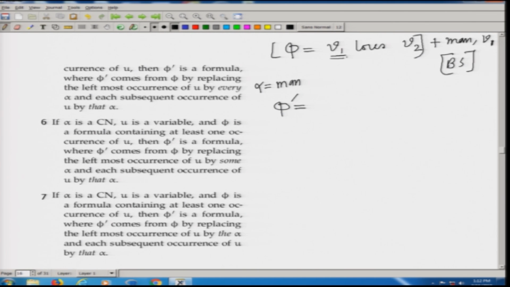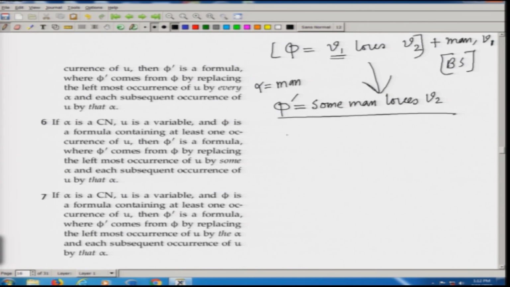There is no other occurrence, so it's just one, it does not matter. So we are considering just the first occurrence of V1, we get some man loves V2, that is phi prime. So phi prime is derived from phi.